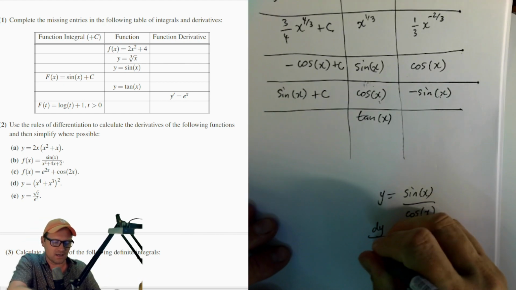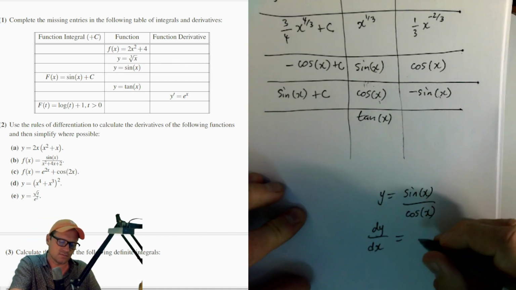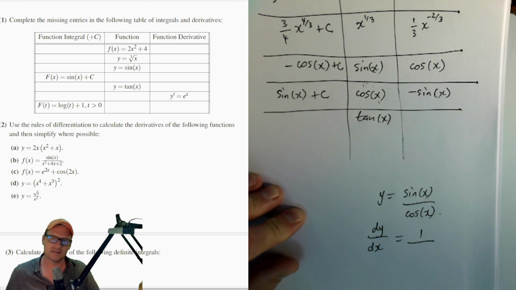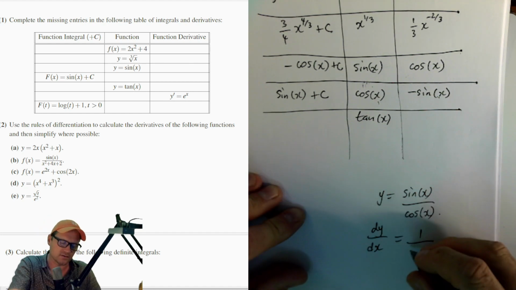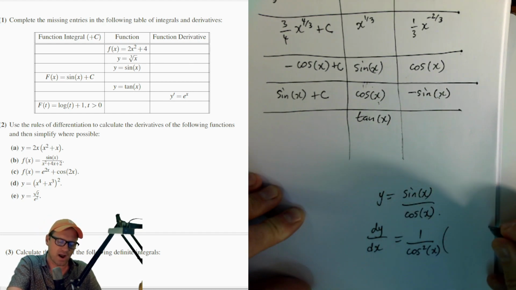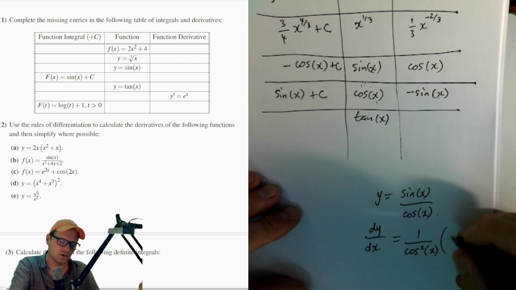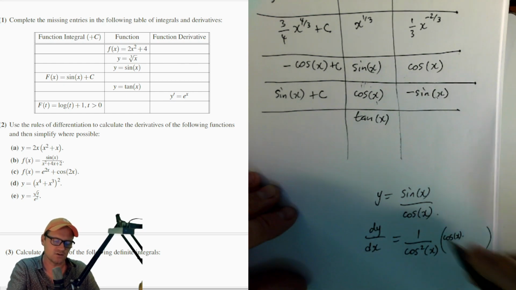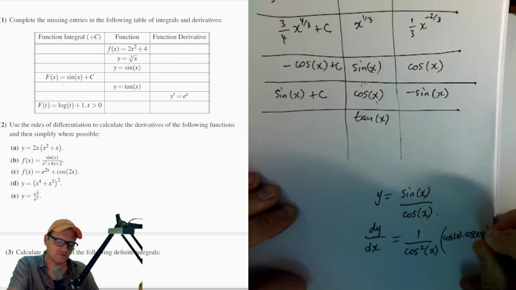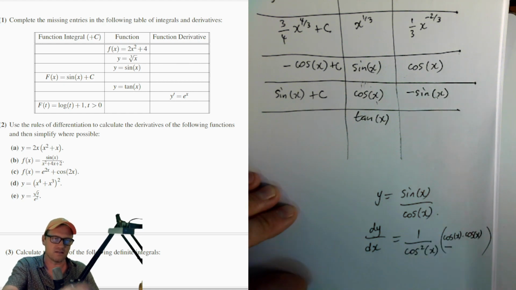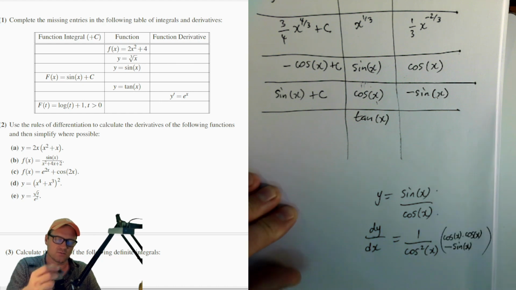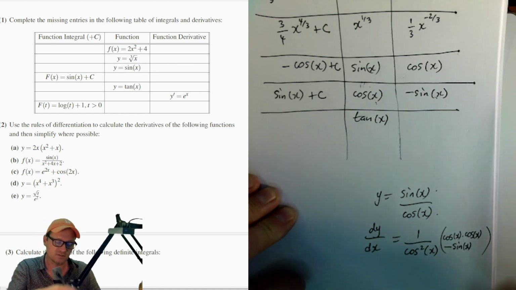So dy/dx, or y dash, is 1 on the denominator v squared, 1 on cos squared. And then in brackets here, we have v du/dx, cos x times the derivative of sine, which is cos of x, and then minus the other way around. So u, which is our numerator, times the derivative of the denominator, which is the derivative of cos of x, which is minus sine of x.